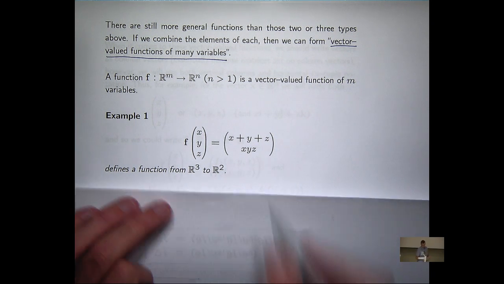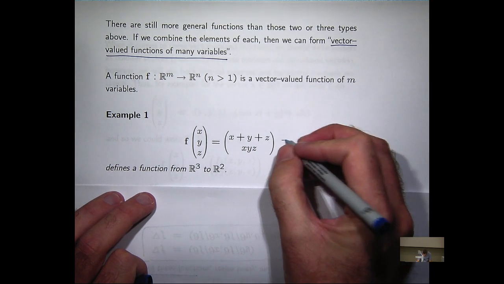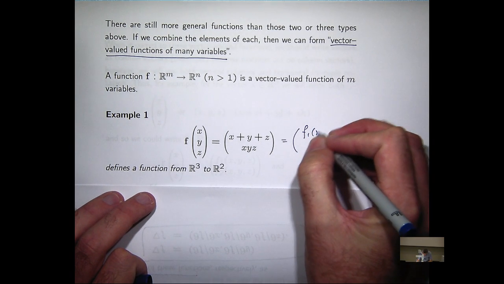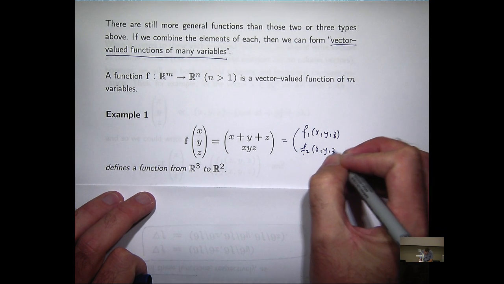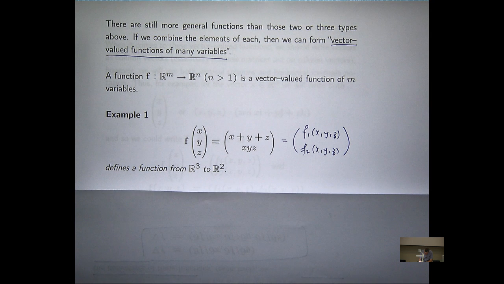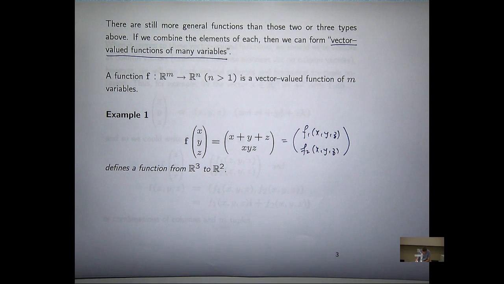Now, if you look at the output, you can sort of think of the components, f sub 1 and f sub 2, the component functions, as being real valued functions, and together, written as a column vector, they make up some sort of vector output. Okay.